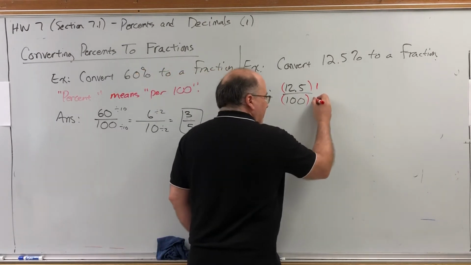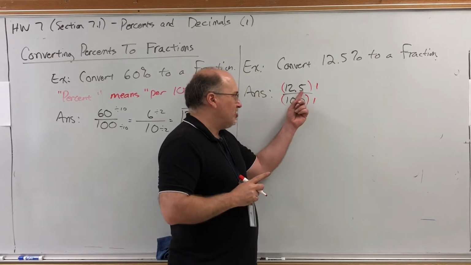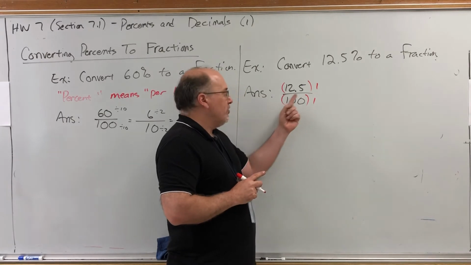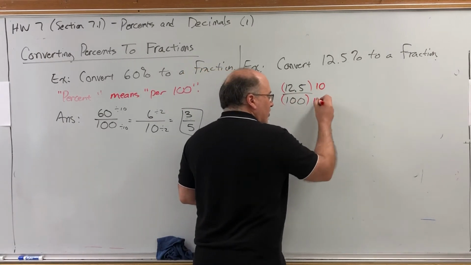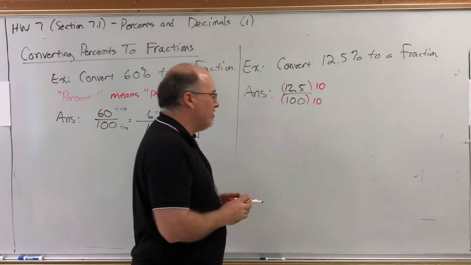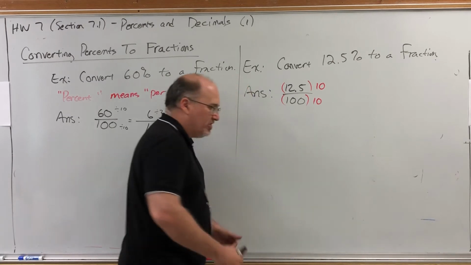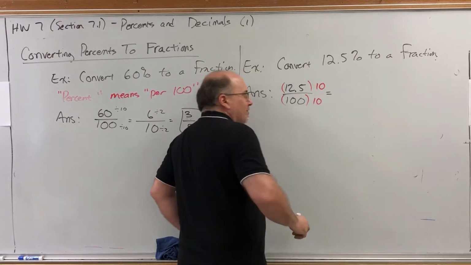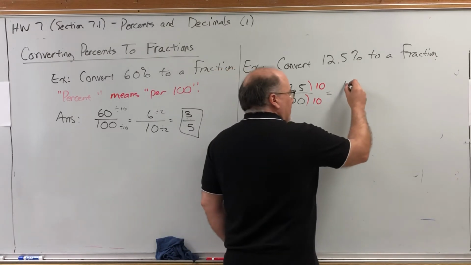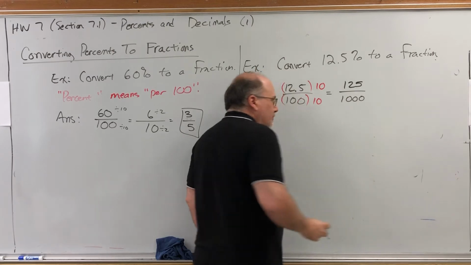You write a 1, and you write the same number of zeros that matches the decimal places. So in this case, since there's only one decimal place, I would write 1 0 after the 1, meaning that I'm going to multiply both sides by 10. Multiplying by 10 moves the decimal one place to the right. So if we multiply both sides of this fraction by 10, the top becomes 125 and the bottom becomes 1,000.